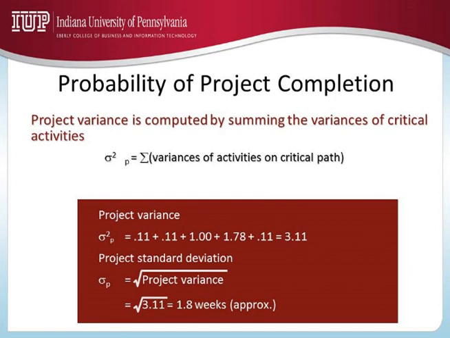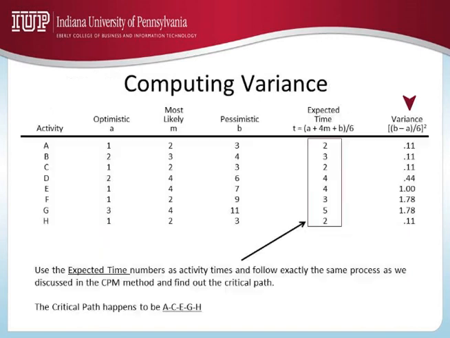So the project variance is represented by sigma p squared, and 0.11, 0.11, 1, 1.78, 0.11. These are all nothing but the variances of the critical activities. If you want to verify that, they are here.